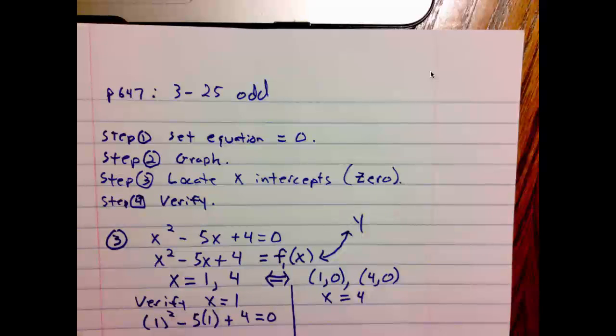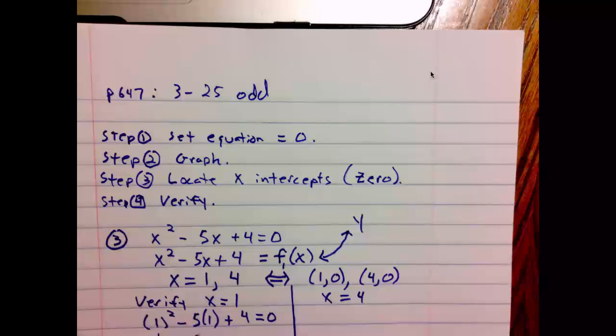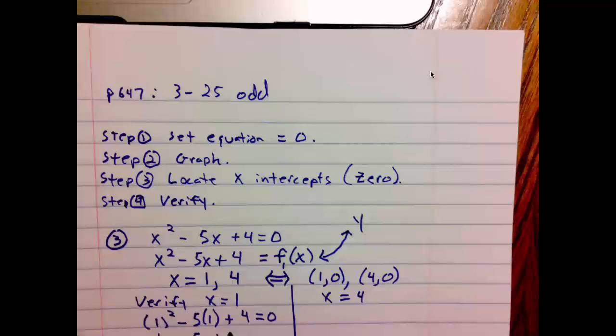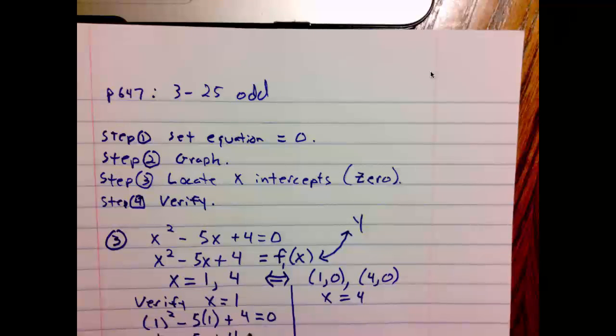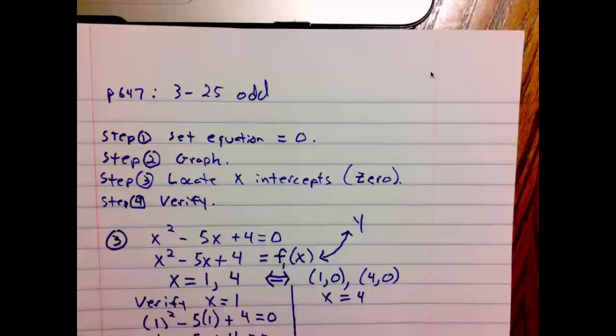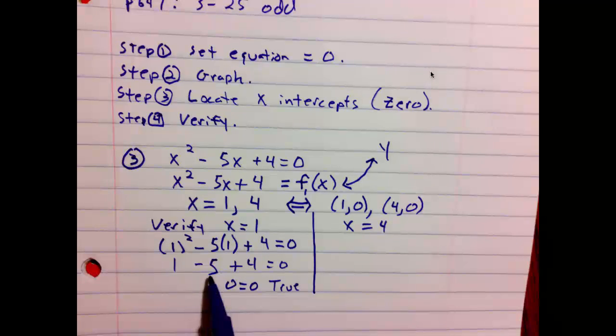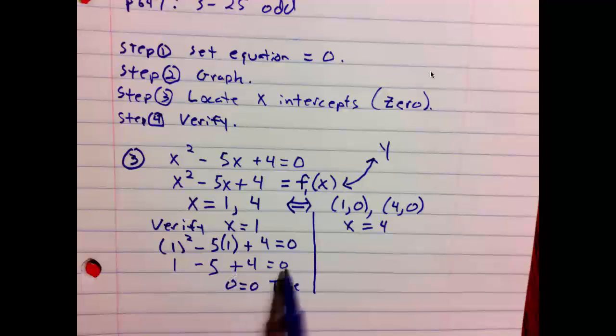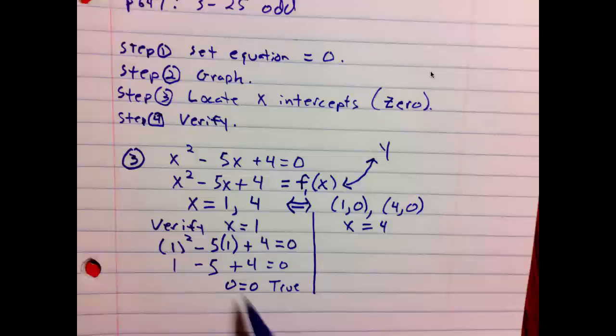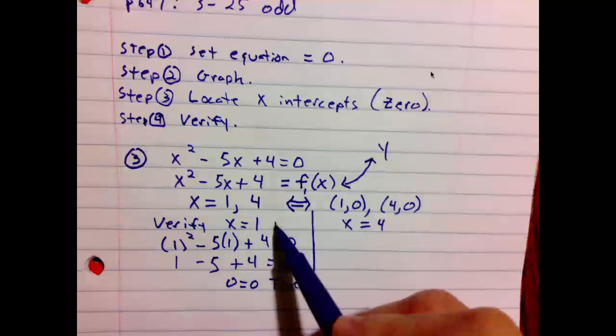Well, 1 squared is 1. 5 times 1 is 5 plus 4. Using your calculator, 1 minus 5 is negative 4 plus 4 is 0. This is 0 equals 0. This is a true statement. We have just verified that x is 1.